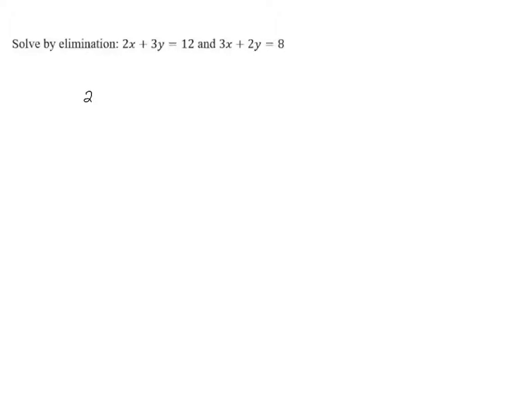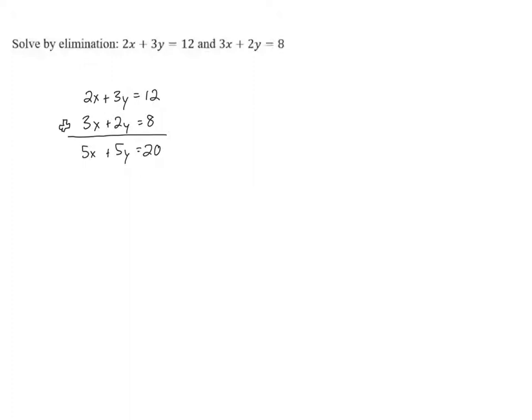We could write 2x plus 3y equals 12, and 3x plus 2y equals 8. But if we add them together, we end up getting 5x plus 5y equals 20, which isn't terribly helpful because nothing cancels.